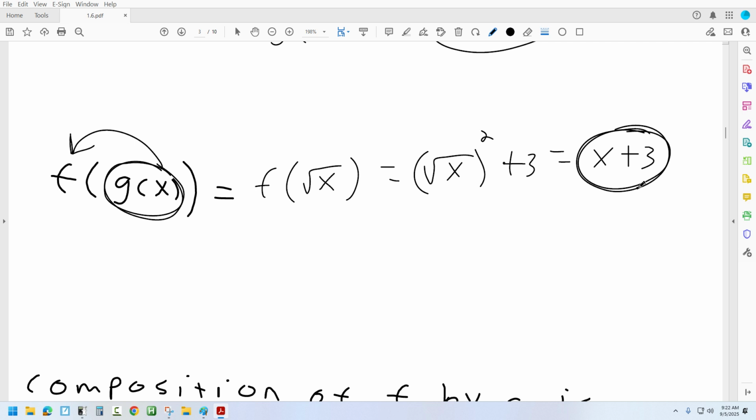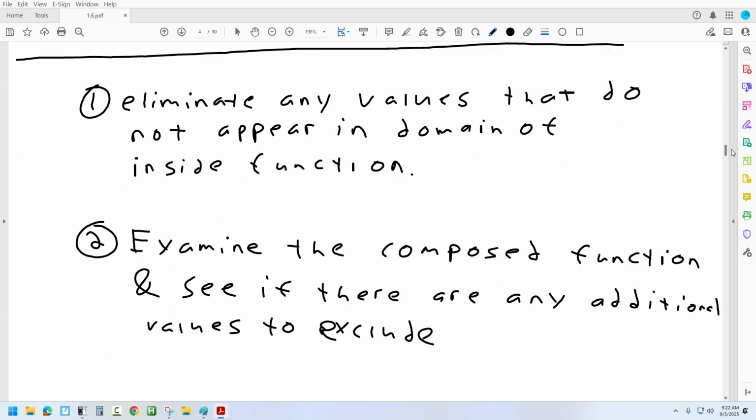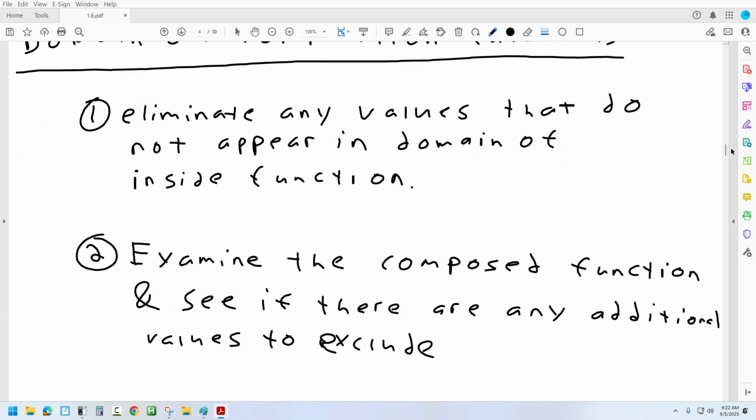Okay? So looking at the composed function, there are no additional values I need to eliminate. So you would know you need to eliminate something if the composed function has a square root in it. That could be something you need to look at, or it has a fraction with a variable in the bottom.